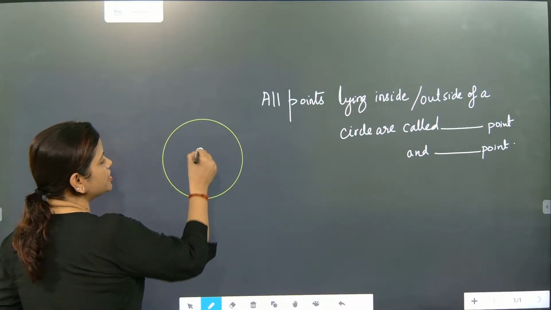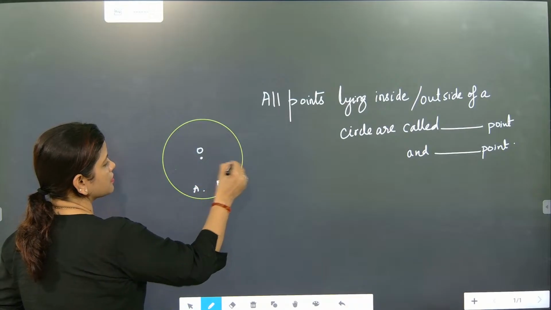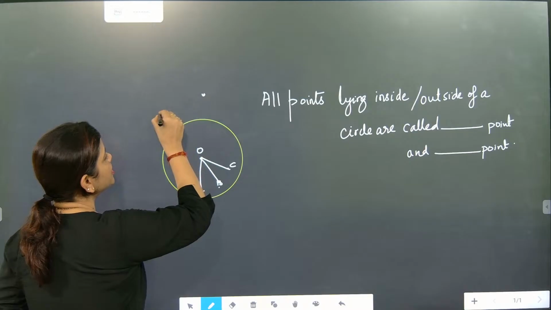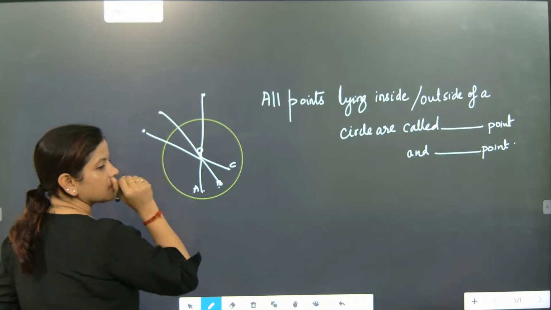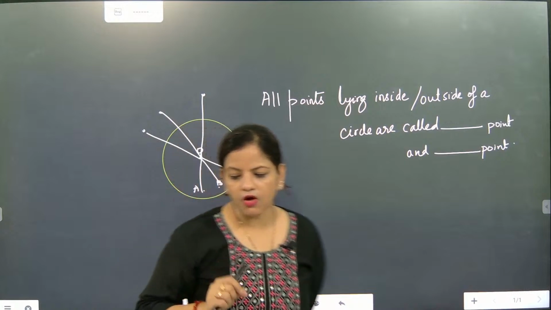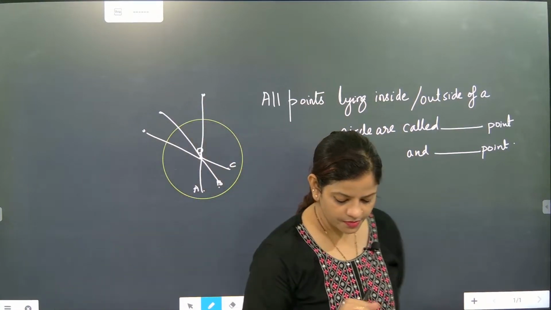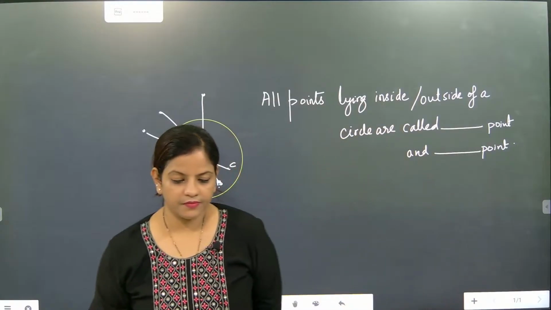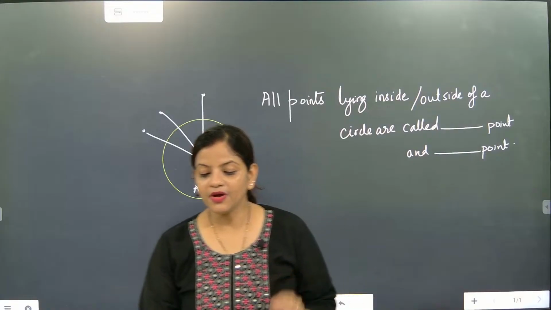The points which are coming inside a circle and the points which are coming outside a circle, these points are called as, come on, say the points. What will they be called, beta?